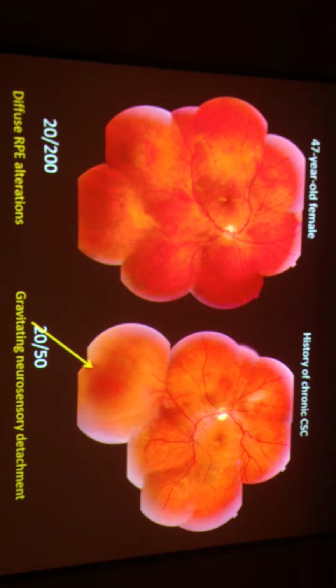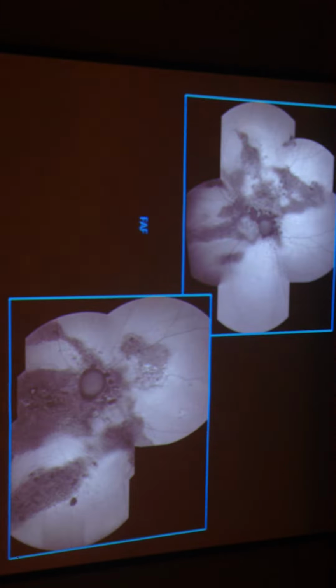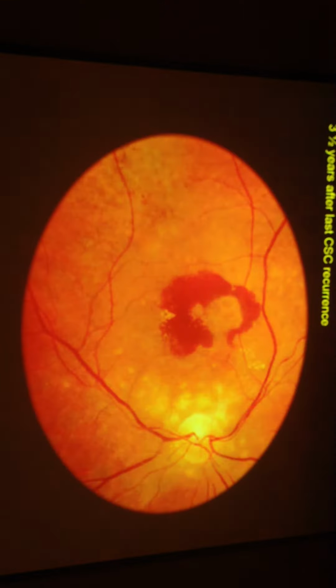So this is a patient with a history of chronic CSC with diffuse RPE alterations in one eye and a gravitating detachment below in the left eye, which is more obvious on the fundus autofluorescence. You can see the changes are very severe. So 3.5 years after the last CSC recurrence, this patient had a hemorrhage in the right eye.